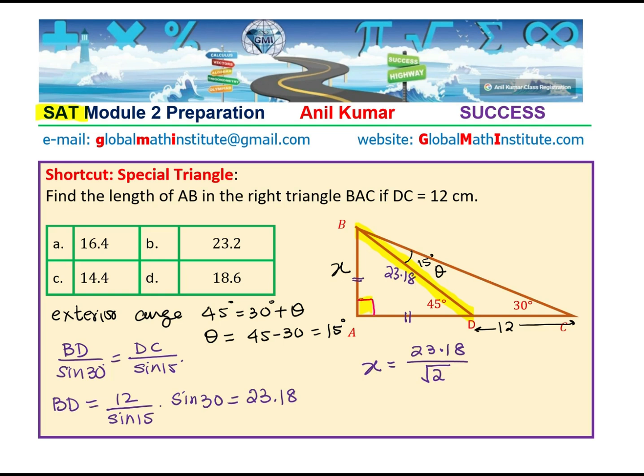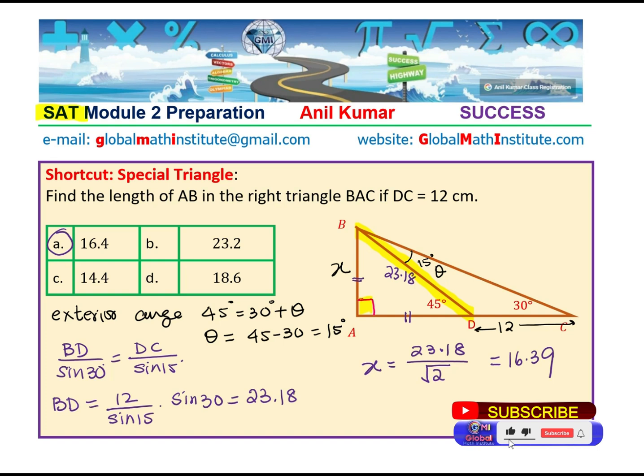In a right angle isosceles triangle, the ratios of the sides are 1, 1, square root 2, right? So let's divide this by square root 2, and that gives you the answer as 16.39. Closest is A, 16.4, which becomes the solution.